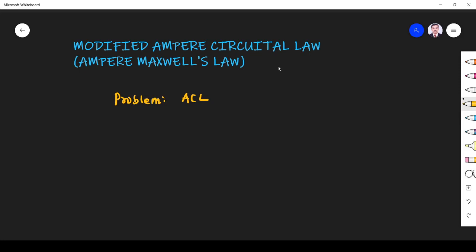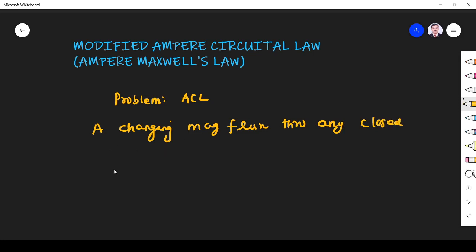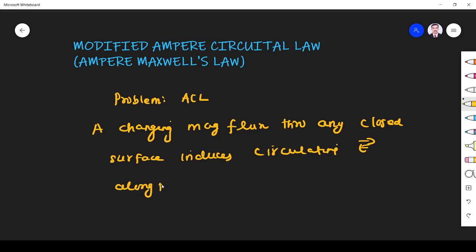Okay. So first thing we have to know is from Faraday's law, it is understood that a change in magnetic flux through any closed surface induces a circulating electric field along the boundary of that surface.